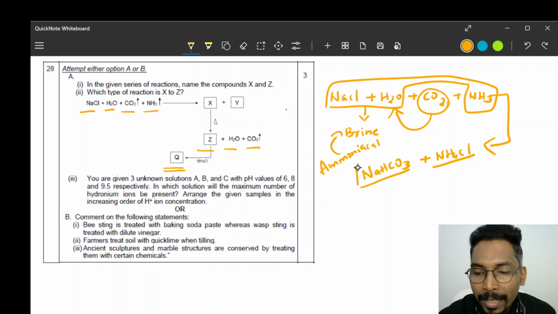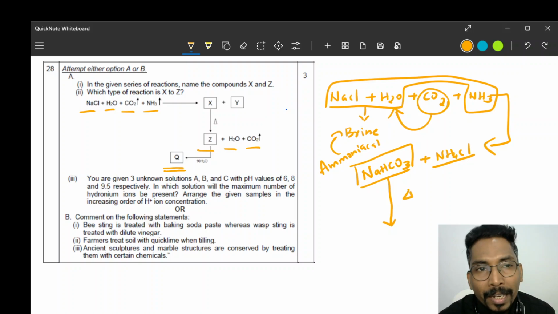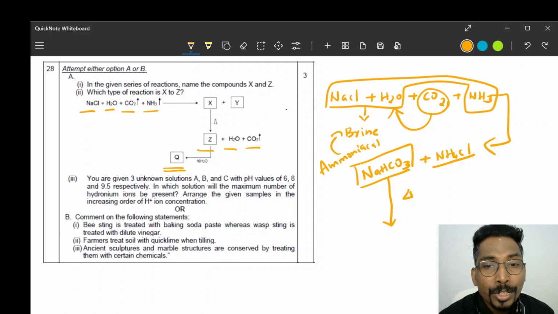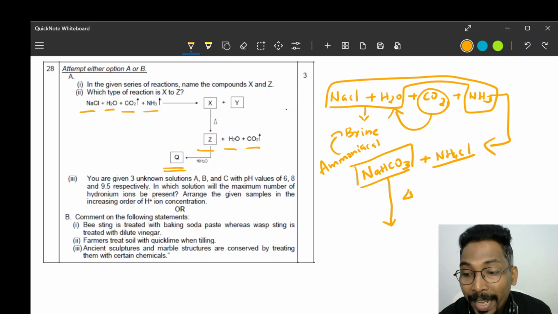And look, the next reaction: NaHCO3 on heating, you will get one compound Z. Can you please tell me which that is? NaHCO3 on heating, thermal decomposition of sodium bicarbonate, gives you what?